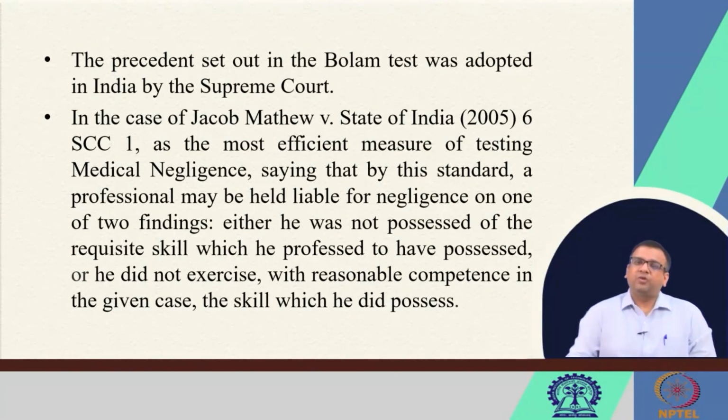Coming to the next, the famous Jacob Mathew case. In Jacob Mathew versus State of Punjab, 2005 (6) SCC, that is Supreme Court Cases, it was held as the most efficient measure of testing medical negligence that, by this standard, a professional may be held liable for negligence on one of two findings: either he was not possessed of the requisite skill which he professed to have possessed, or he did not exercise, with reasonable competence in the given case, the skill which he did possess.